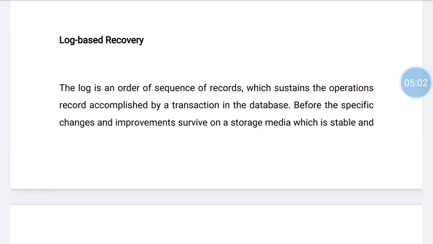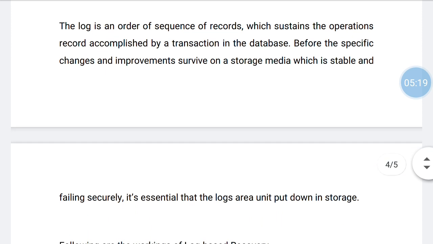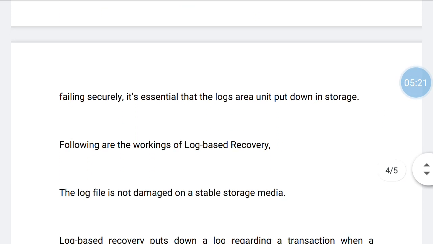The log is a sequence of records which maintains the record of operations performed by a transaction in the database before the specific changes take effect, on a storage media which is stable and safe.